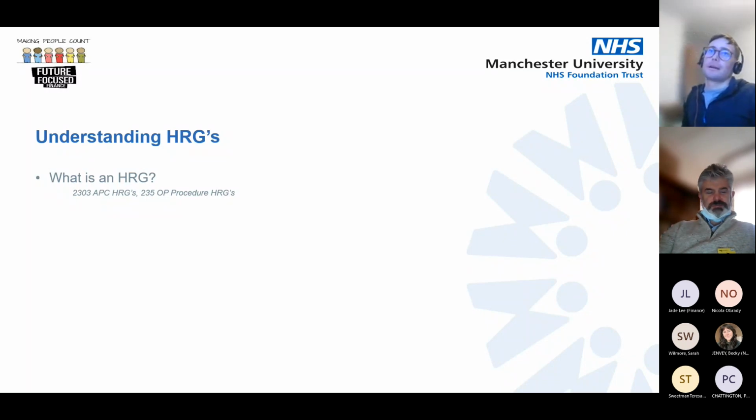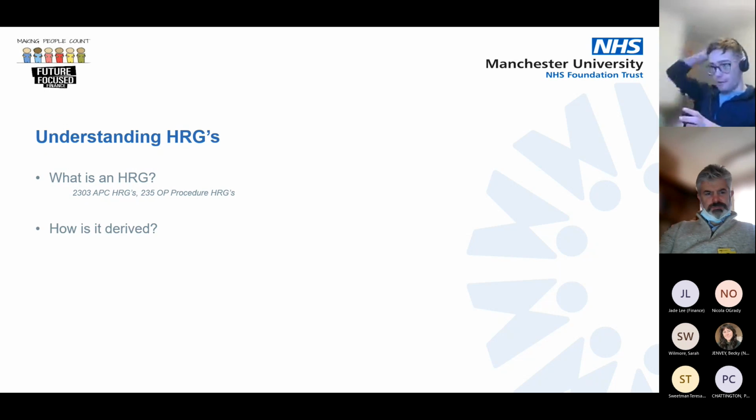So an HRG is a group of clinically similar diagnoses or procedures, and they are similar in the sense that they have a similar resource implication, so they can be grouped together by how much it costs to deliver that care, or what the value of the tariff applied to them should be.